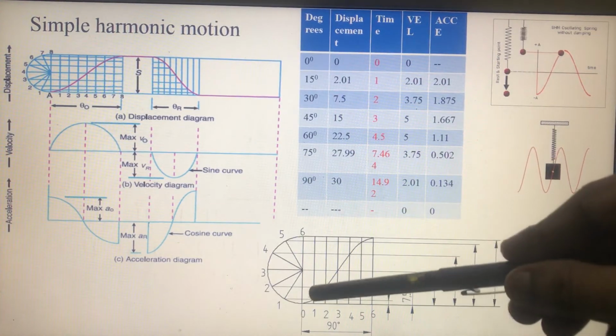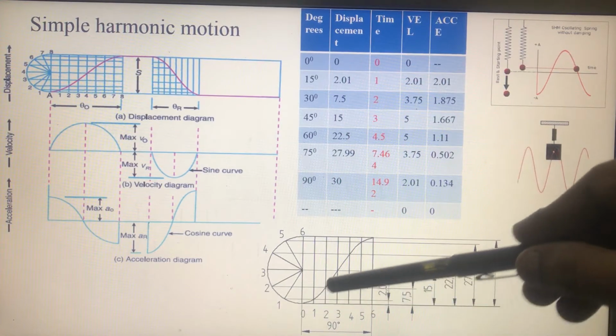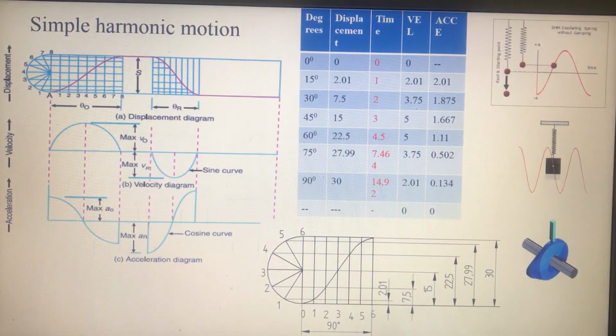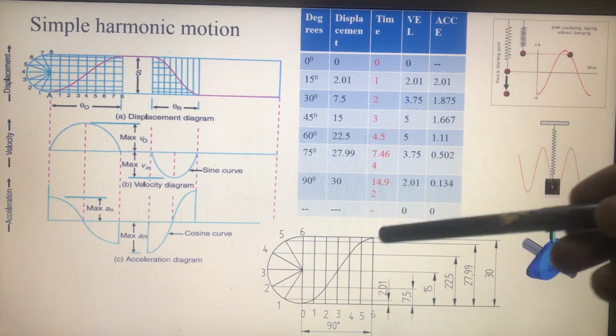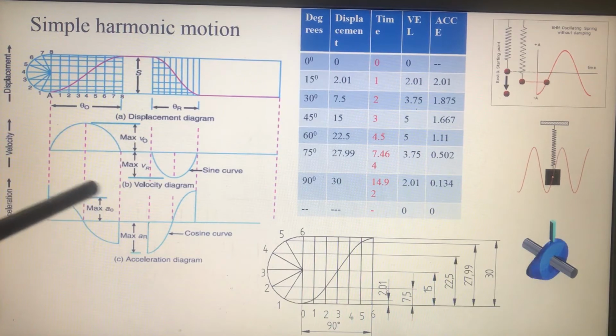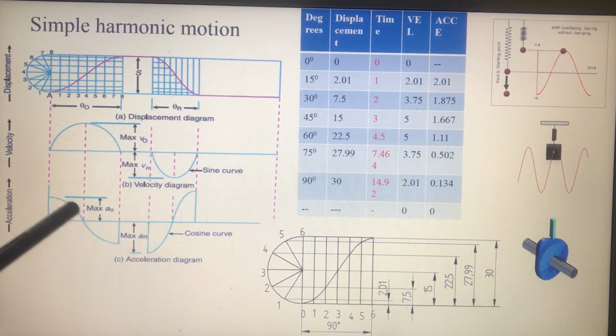After locating these points, I'll draw a line. This line profile represents simple harmonic motion. For this simple harmonic motion, you will get velocity as a sine wave and acceleration as a cosine wave.